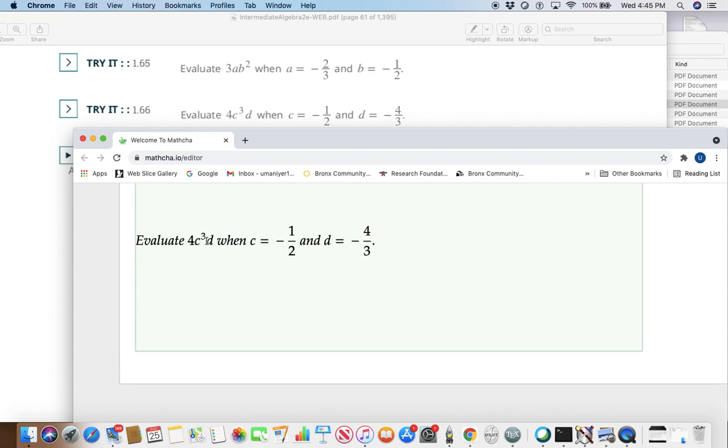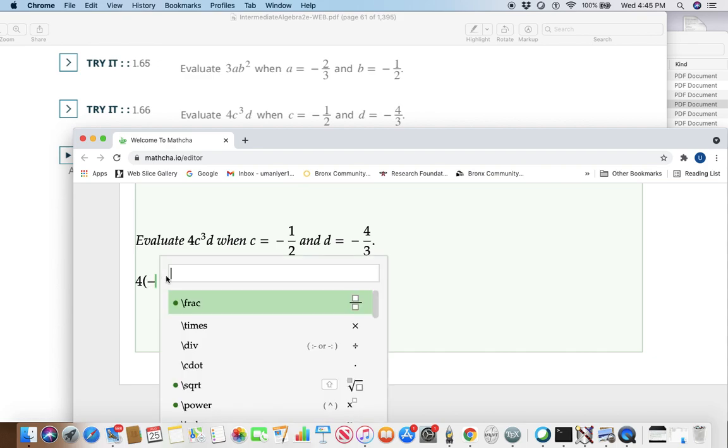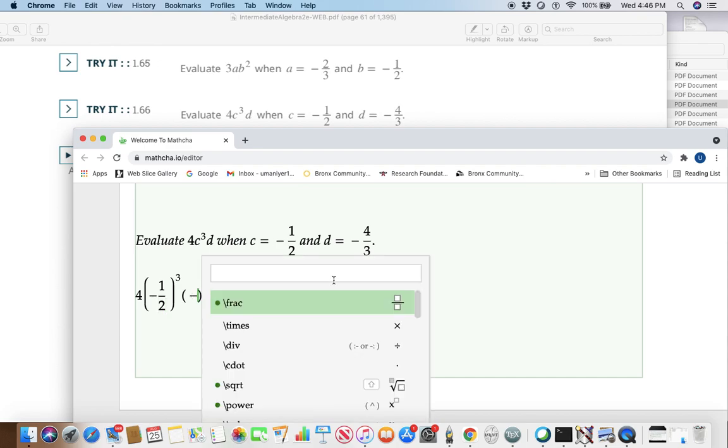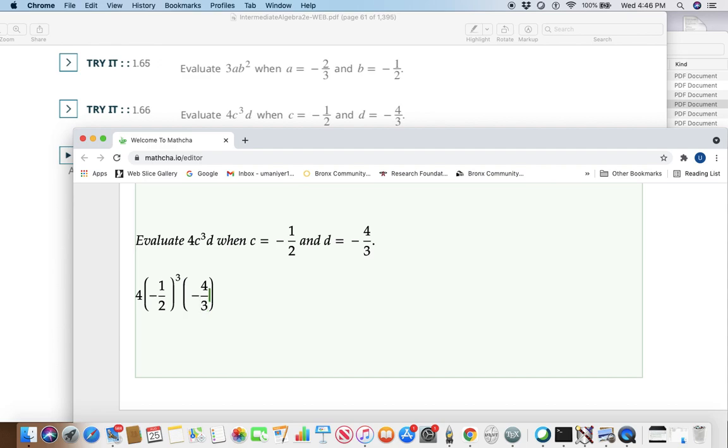So, as always, wherever you see variables, write parentheses first. And then you fill in the empty spaces. This one represents c, which is negative 1 over 2. And this one represents d, which is negative 4 over 3.